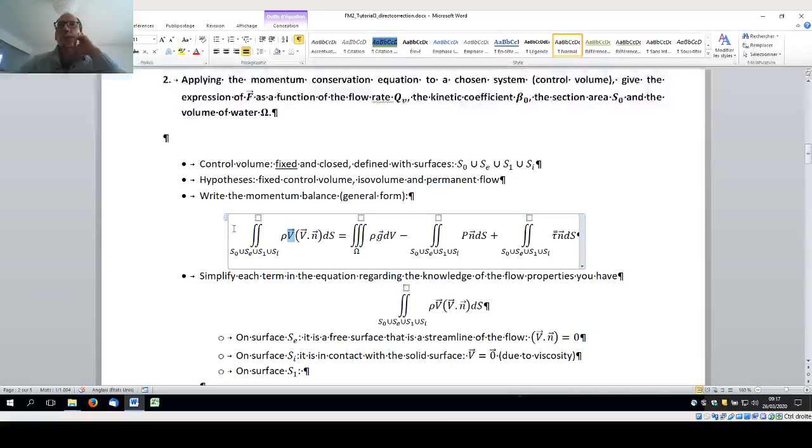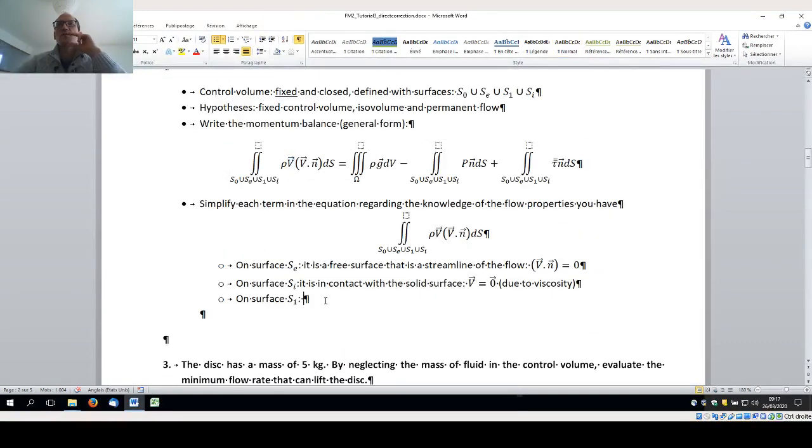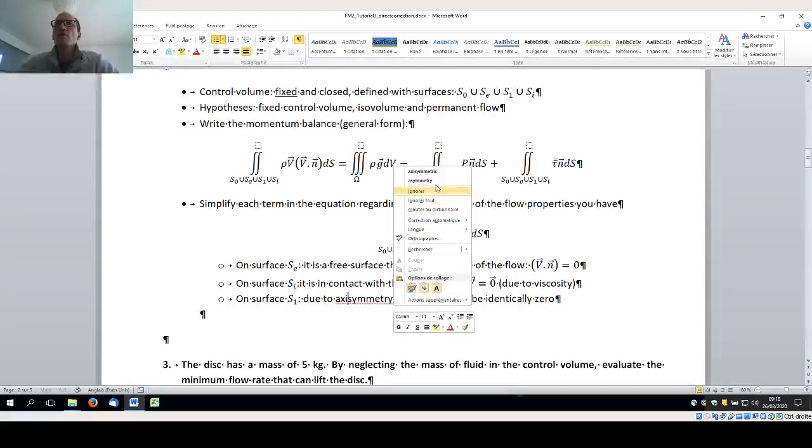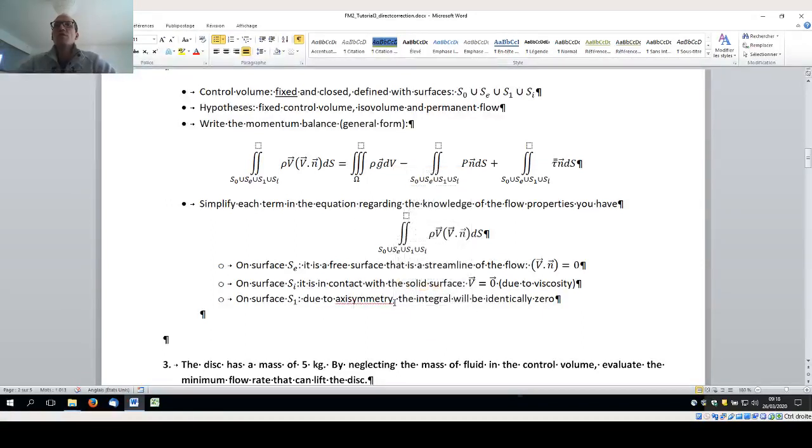So actually, due to axisymmetry, this integral will be identically 0 on this surface.